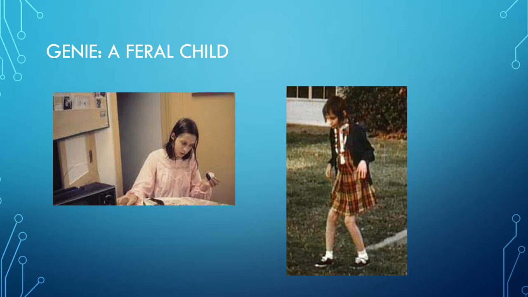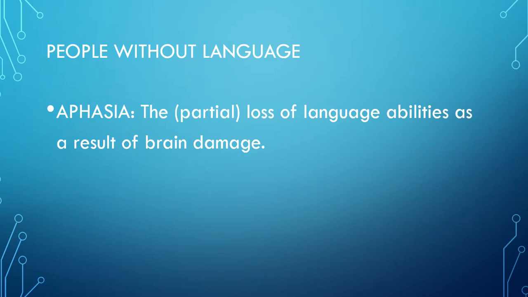People might also sometimes lose their language. They may suffer from a medical condition called aphasia. This is something which usually hits people after they had a stroke. They will lose part of their language capacity because part of their brain no longer functions.